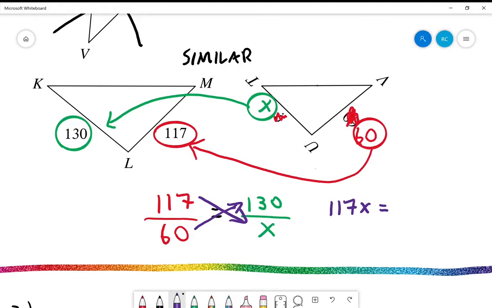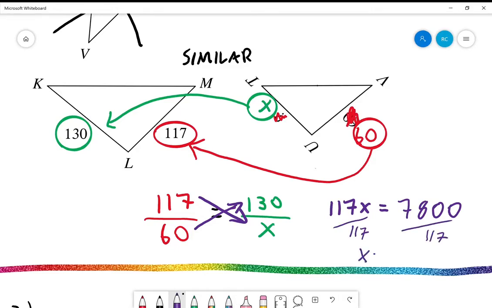So now it's okay to go ahead and bust out a calculator at this point. When you're dealing with numbers that are this large, there is no shame in grabbing a calculator and just hoping. So 60 times 130 is 7,800. And then last step, divide both sides by 117.